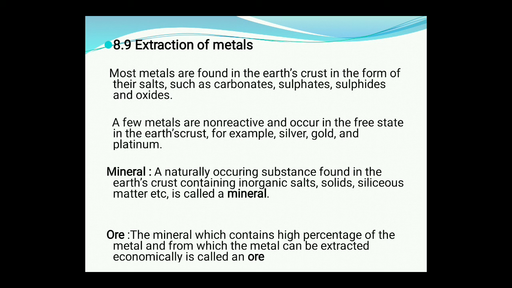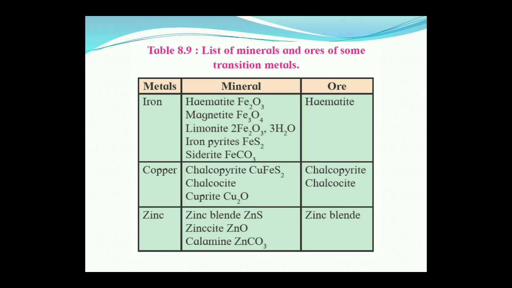We only have to use some procedure to separate out this metal, and that is called an ore. So the definition of ore is the mineral which contains a high percentage of the metal and from which the metal can be extracted economically. So, mineral and ore are the basic concepts from which we have to separate or purify a metal.